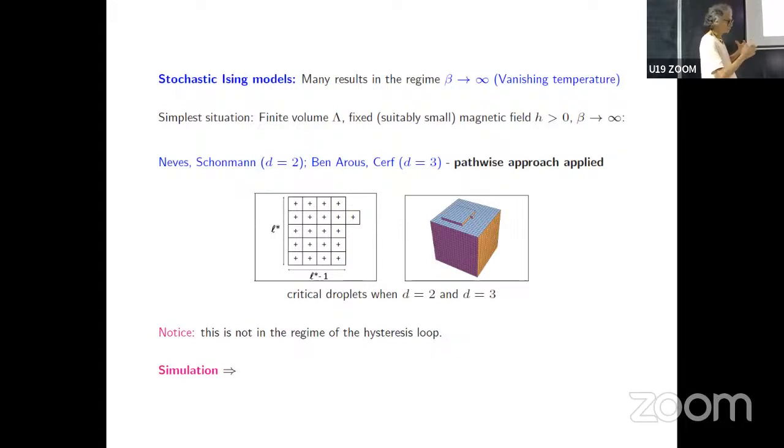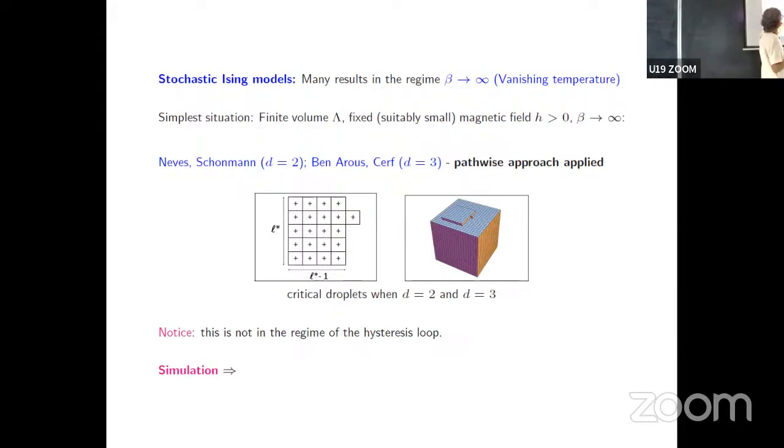So there is a very, very drastic change, and you need to find out the highest barrier that you need to cross in order to go, say, from minus to plus, thinking that the magnetic field is positive. And they figured out what it is.